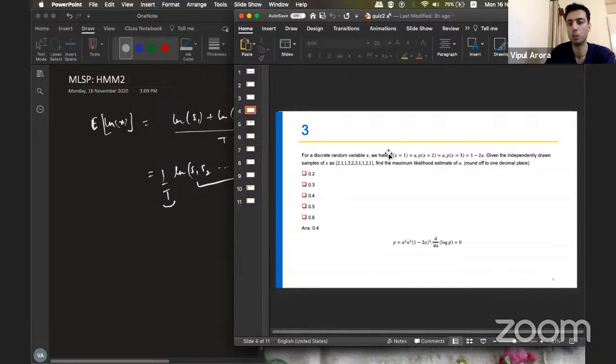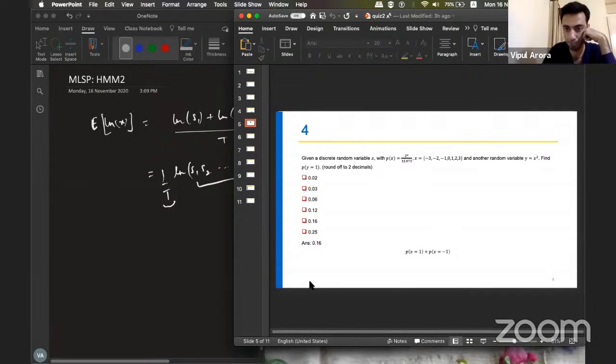So the joint probability can be broken up into individual probabilities. The probability of 2 is a, the probability of 1 is a, and like that, you get the product with 5 times 1, 3 times 2, and 2 times 3. That is the likelihood. Now you want to maximize this. That is a simple thing: just differentiate and set it equal to 0.